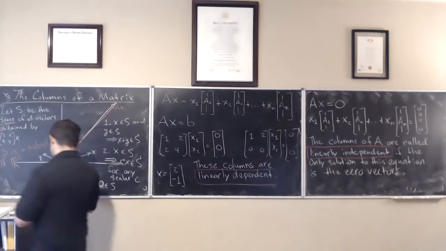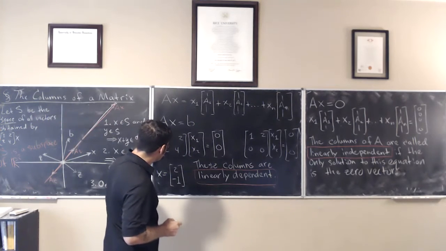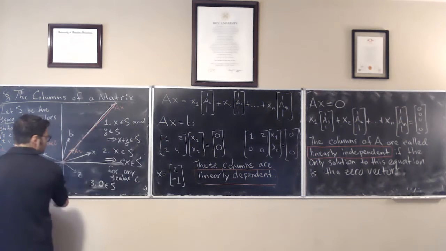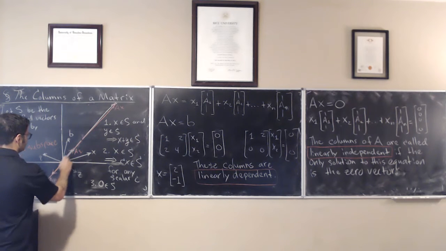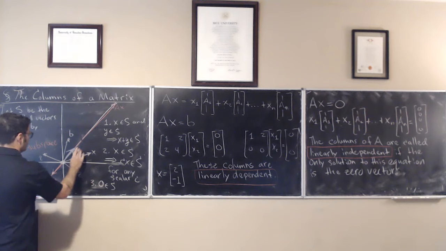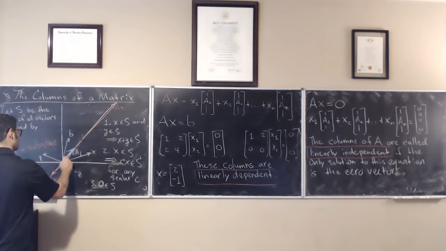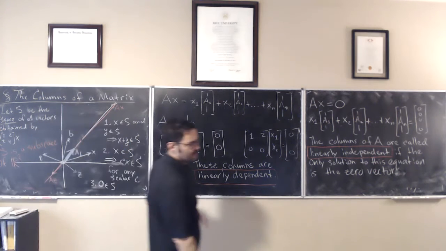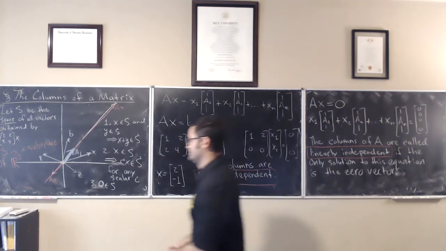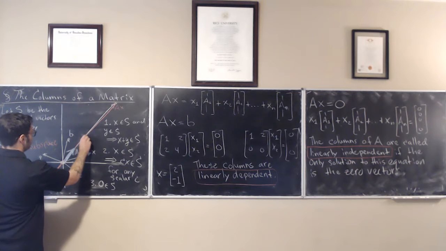The linkage is this. Where is the column vector 1, 2? I'm going to put it in blue. 1, 2. There's a 1 right there. Where's the other column? 2, 4. I'll put it in yellow. 2, 4.